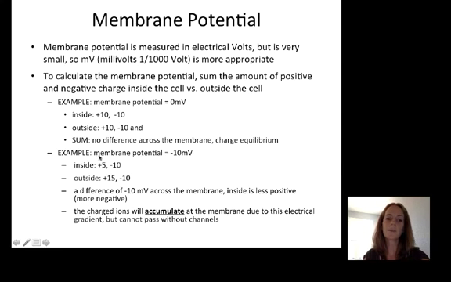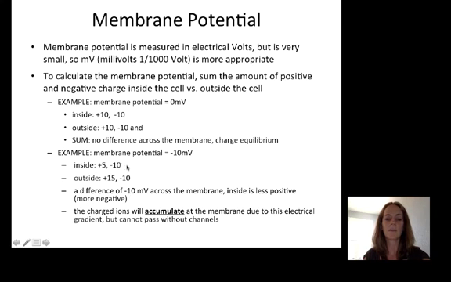More commonly, though, because we're talking about electrical signaling, we are going to have some difference. So here's an example of how we would get, say, a -10 millivolt difference inside a cell. For that, we could have fewer positive ions inside the cell. So if the inside had only 5 positive ions compared to the outside having 15 positive ions, if we then subtract +5 minus +15, we would get a difference of -10.